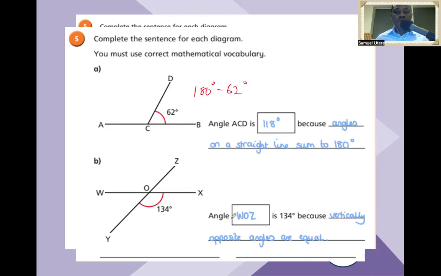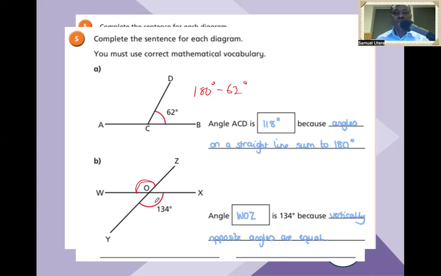Here, angle WOZ, note the way the angle is done. The middle letter tells you the angle you're referring to is 134 degrees. Why?